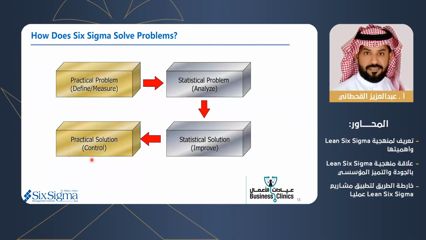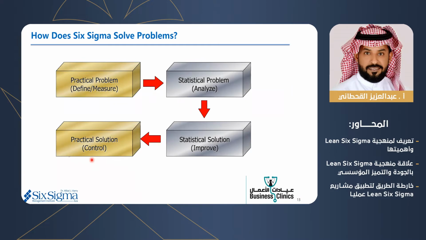Okay, so how does Six Sigma solve problems? Initially, we take a practical problem. For example, there is an off-spec product causing a customer complaint. We take the problem that arose in the organization as a statement.